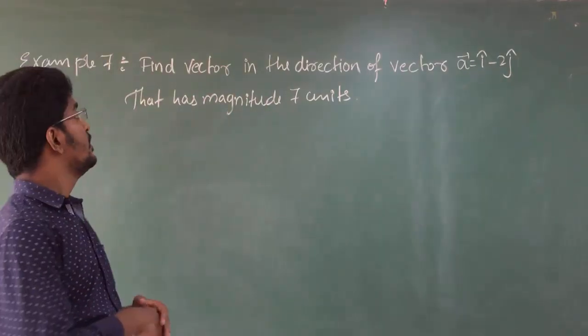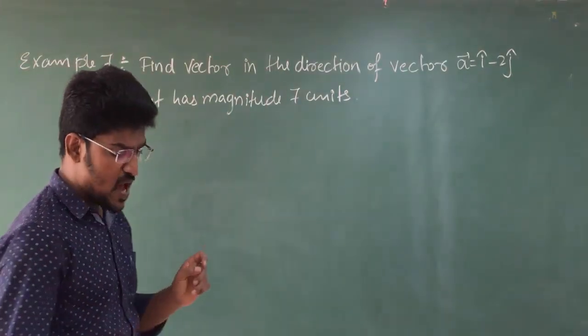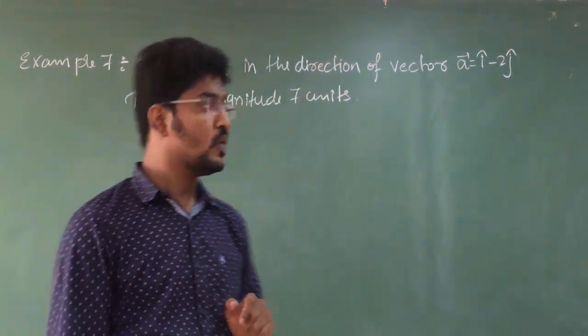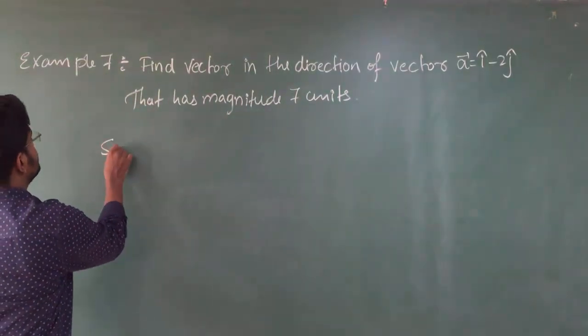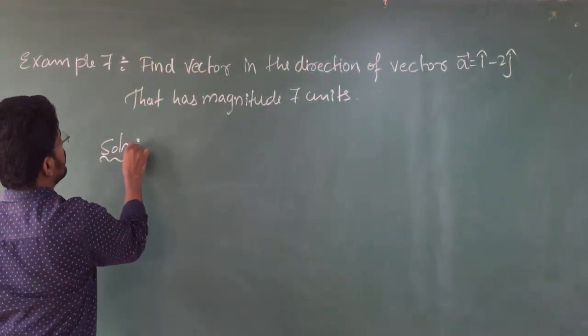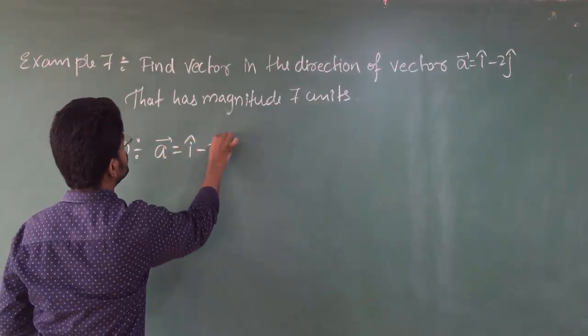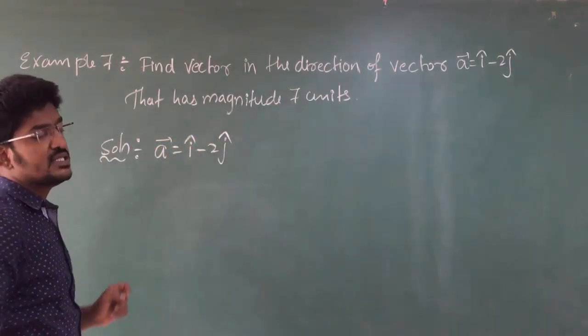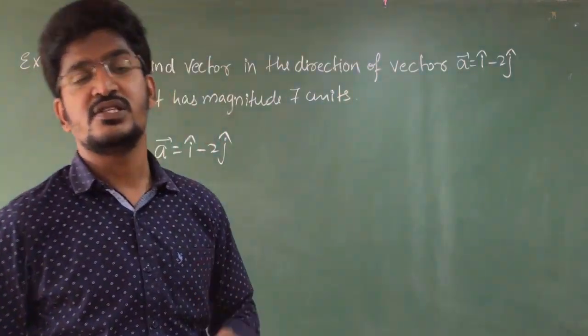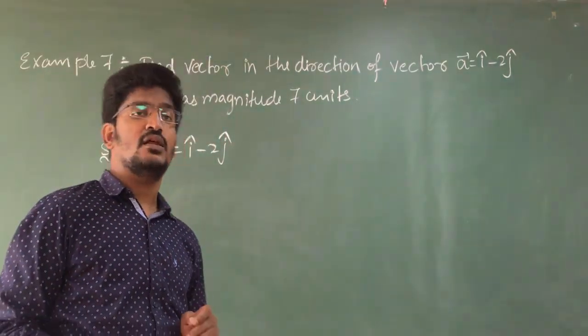No problem. So here they have given you one vector. What is that given vector? See, they have given the vector A equal to i cap minus 2j cap. This is the given vector.